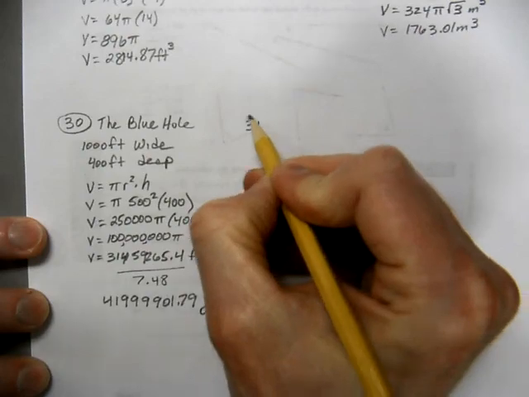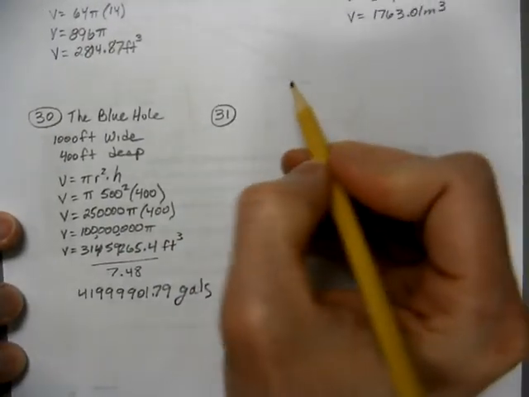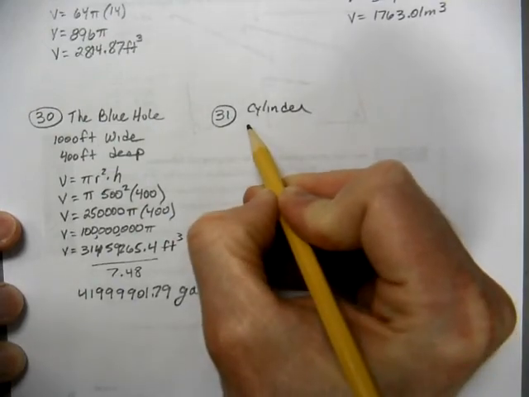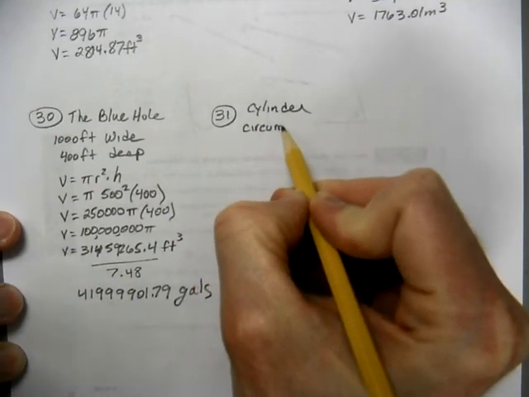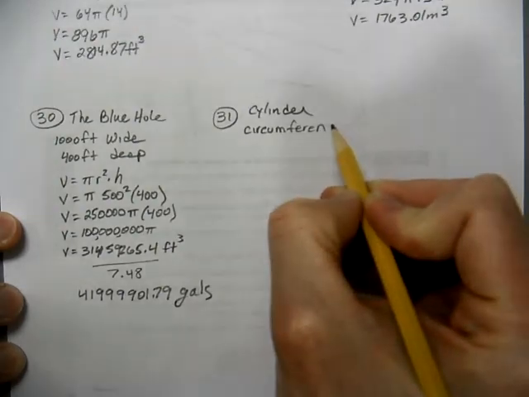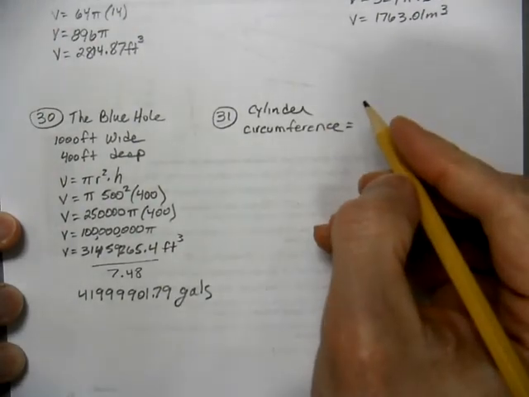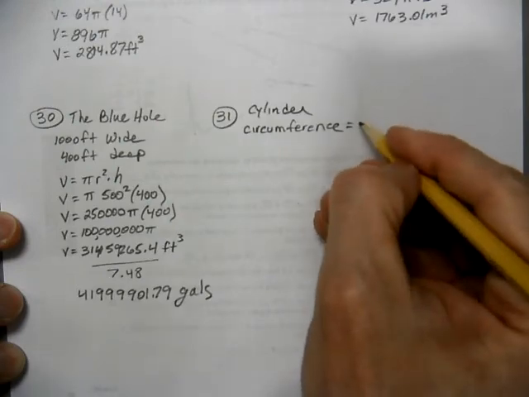For number 31, we have a cylinder with a circumference that equals 10 feet.